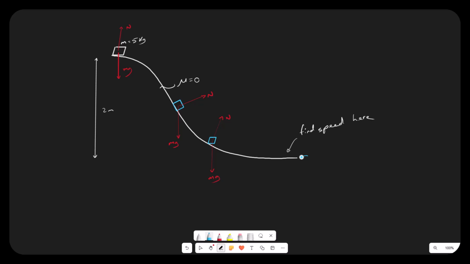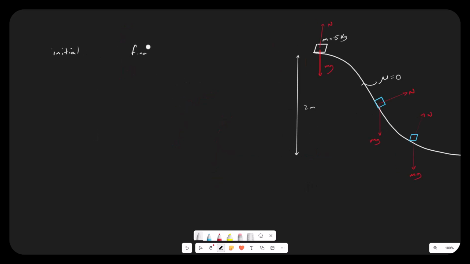So I'm going to say down here is still my h equals 0. When I set up my energy table, my initial potential energy is mgh initial. My initial kinetic energy, half m v initial squared, with v initial being 0. I'm going to start from rest. Sorry, I didn't mention that.